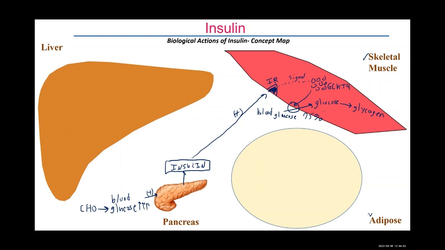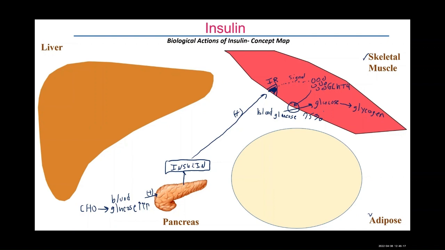Because let's say you went 100, these are arbitrary numbers. Let's say you went 100 milligrams over what your glucose should be, right? So 75 milligrams of that is going to be removed by the skeletal muscle in response to insulin.